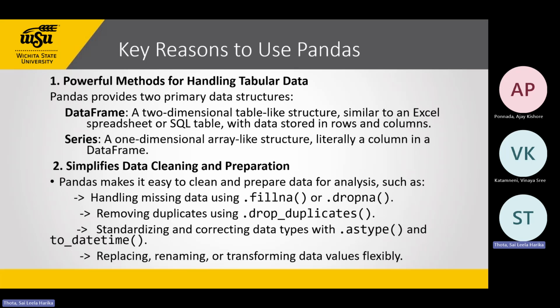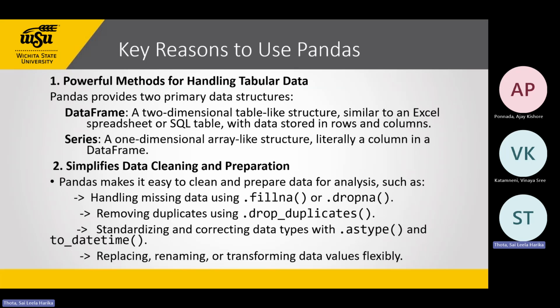Key reasons to use Pandas. As we discussed, Pandas provides the various libraries and methods that are required for data cleaning. There are mainly two primary data structures that Pandas provides. One is the data frame, which we are discussing now. It's a two-dimensional table-like structure, similar to an Excel spreadsheet.